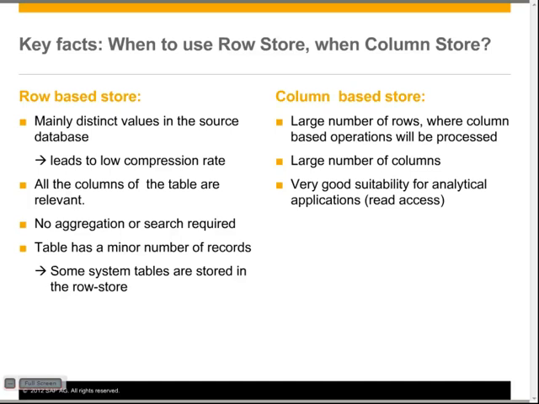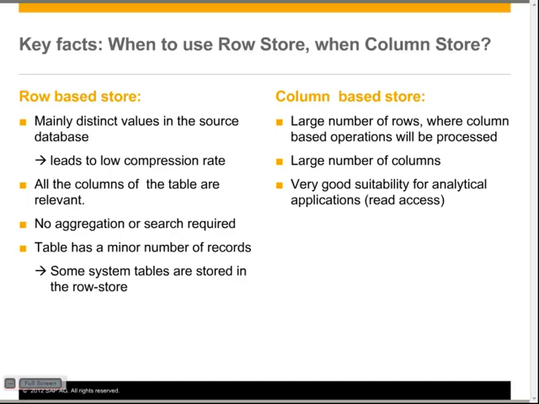So to summarize, the row-based store is good for distinct values when there are many of them, because this would lead to a low compression rate. You can, for example, think of how a zip file is compressed. What compresses best? Well, it's when there are not that many distinct values.